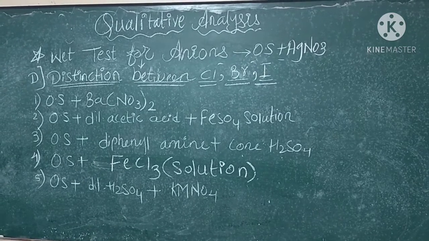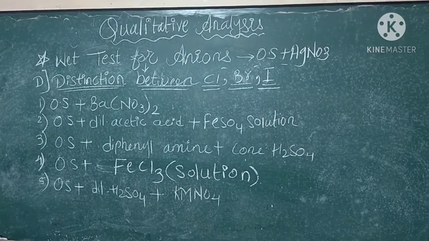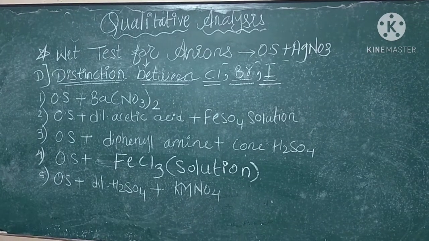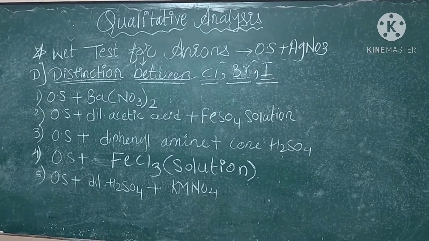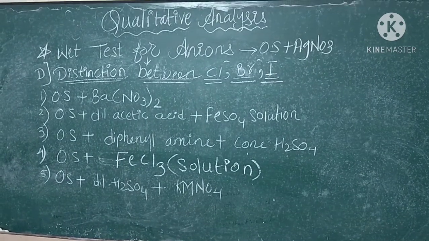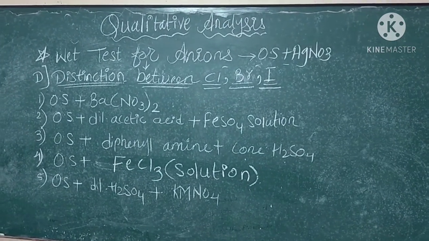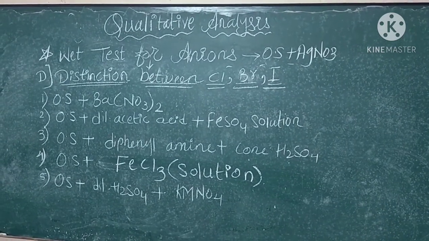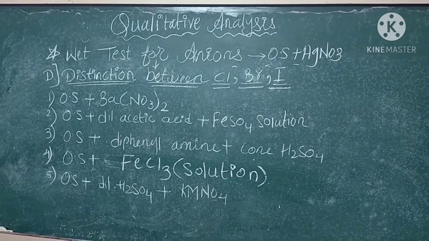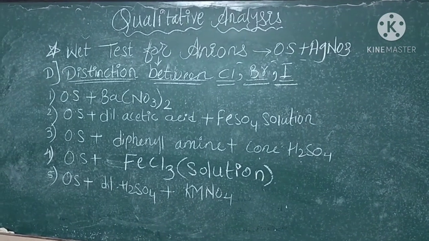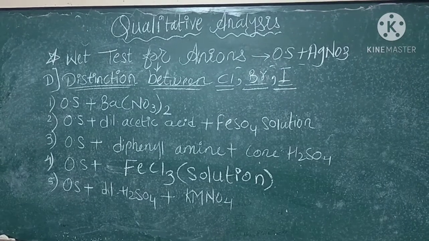In the confirmatory analysis, that is the fourth test, wet test for anion. First, we do this test with OS solution with AgNO3 or silver nitrate. After the AgNO3 test, we will go for further tests, that is distinction between chlorine, bromine and iodine. In this, we have to perform the following tests. First is OS solution with barium nitrate.